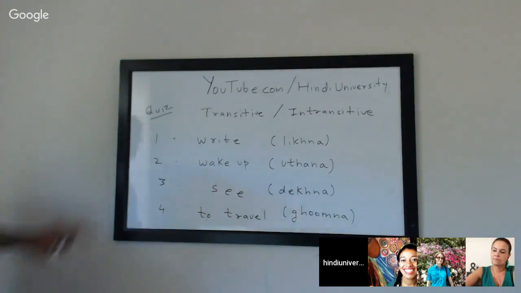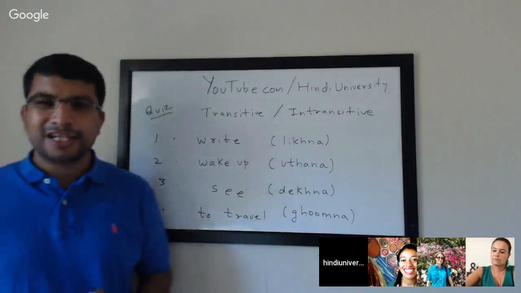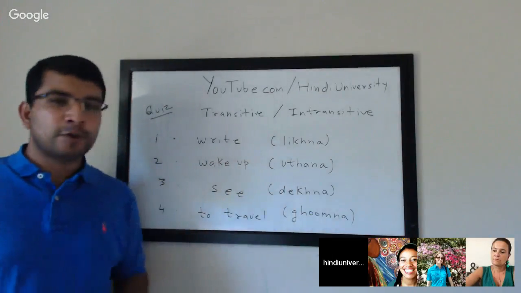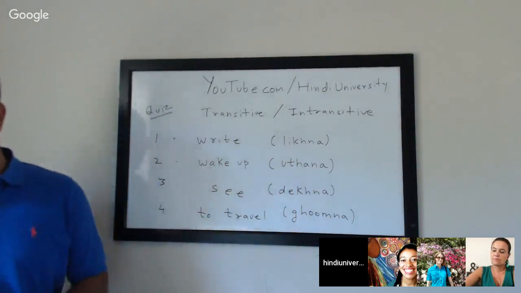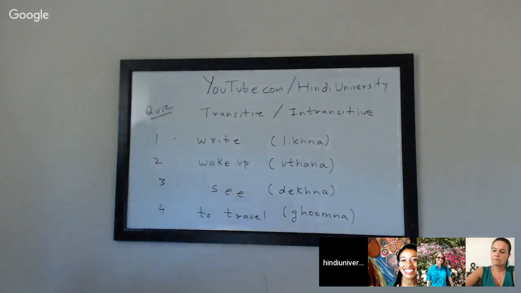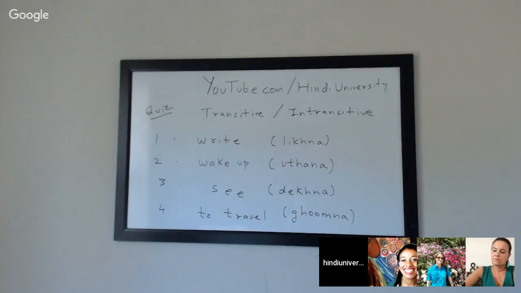Okay, right. So these are the four verbs. I want you to go over them sequentially and tell me which of these verbs are transitive and which of these are intransitive. And if you need any help, I'm here. You can ask questions on the Facebook Live as well as on the Google Hangout. Okay, so I'm getting some answers.